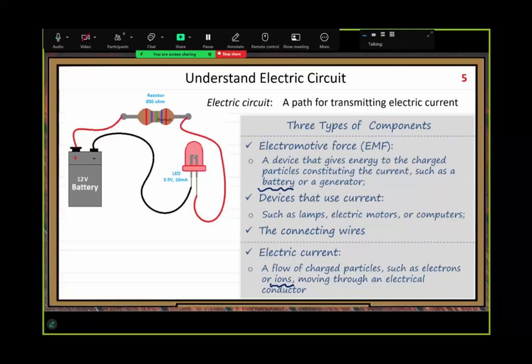Then this particle has the electric charge, or another case is gain an electron. Lose or gain an electron. So then this particle has the electric charge. So the particles with electric charge move through the electric circuit. Also can cause the current. The current formed by ions. All right.